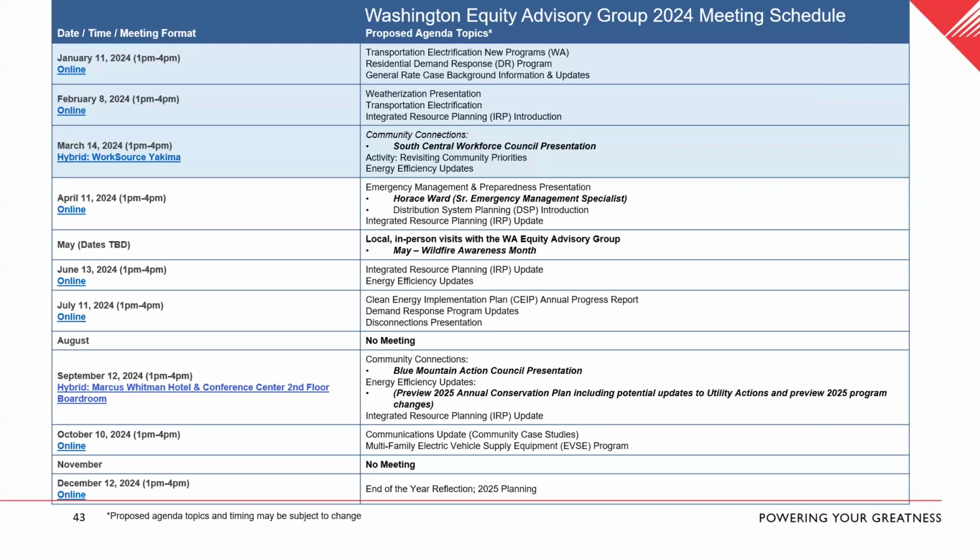In May, we're very excited. A few of us will be hitting the road to visit with our equity advisory group members out in community. We like to do this once a year to really see the geographic area as well as connect with our community partners. We're always trying to amplify the work being conducted out in community. So anything we could do to learn from them and better support their activities will be something that we put in time to do.